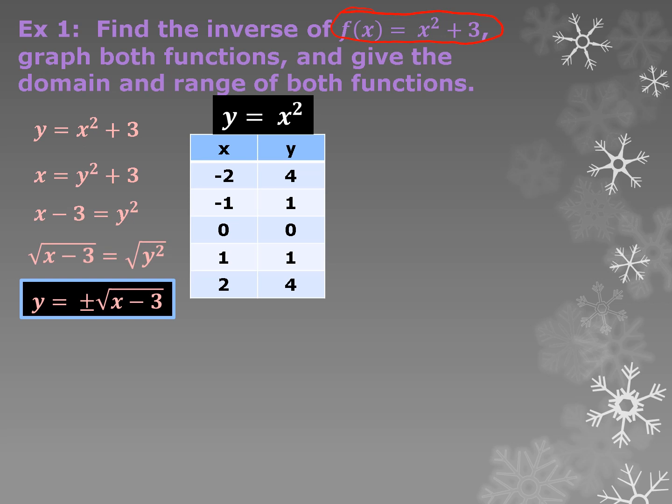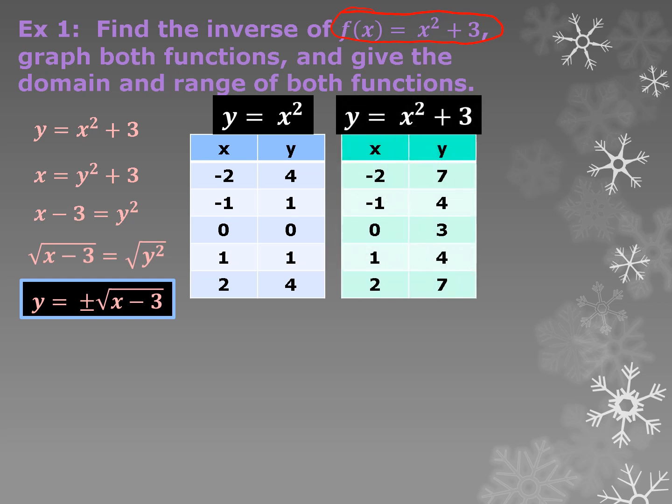So there is no change on the x's. However, the y's, to go from old y's to new y's, I'm going to add 3. I'm going to add 3 to the y values. So I end up with this table. So this table will allow me to graph y equals x squared plus 3.